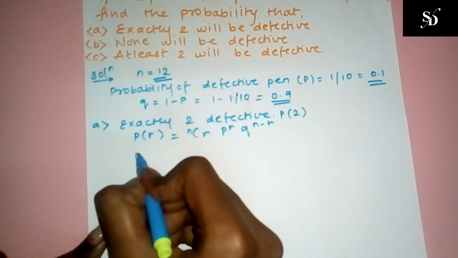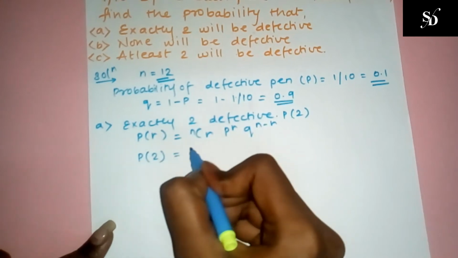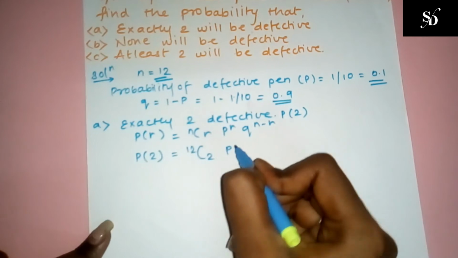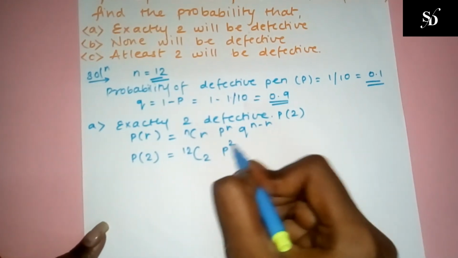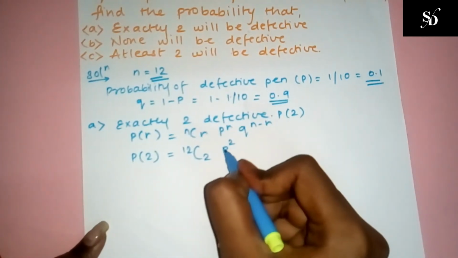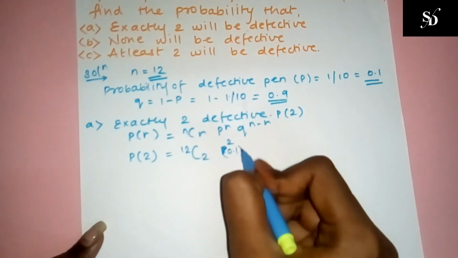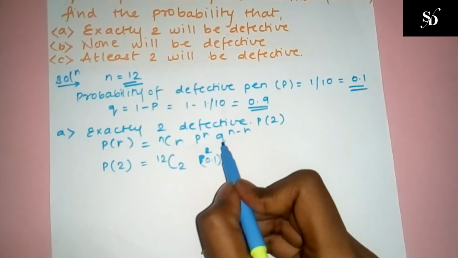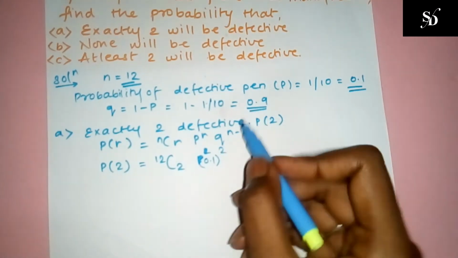That is P of 2, n is 12, C, R is 2, P raised to R, that is again 2, and our P is 0.1, 0.1 raised to 2. Now we have Q over here. Our Q value is 0.9.